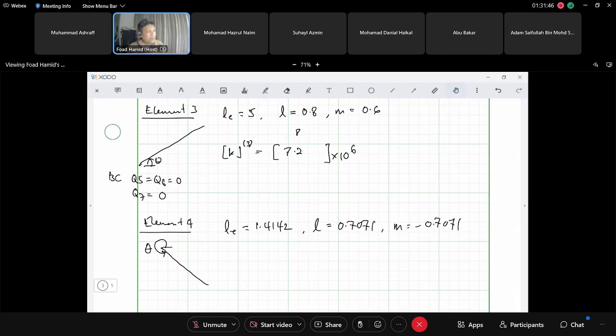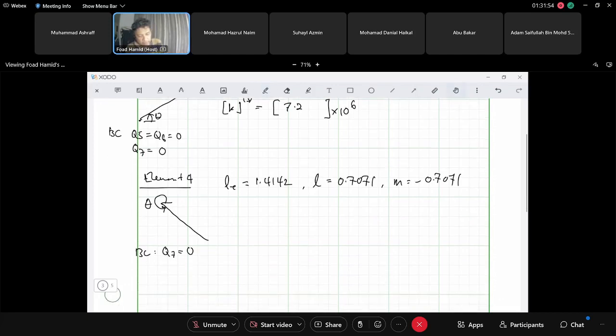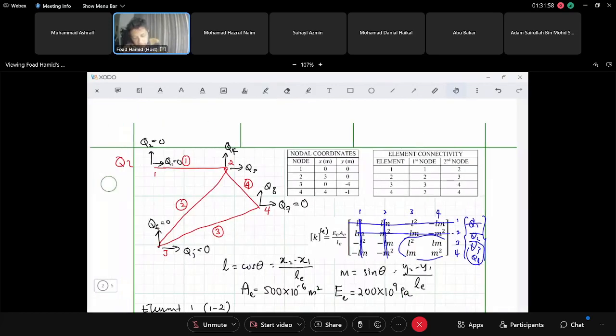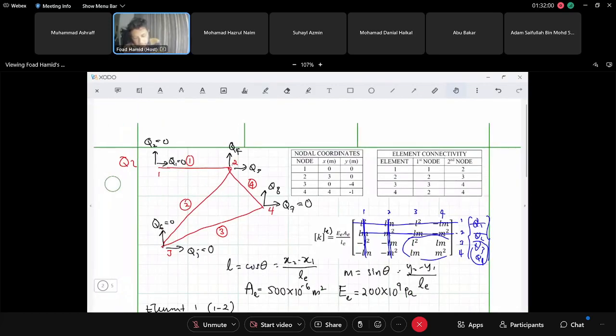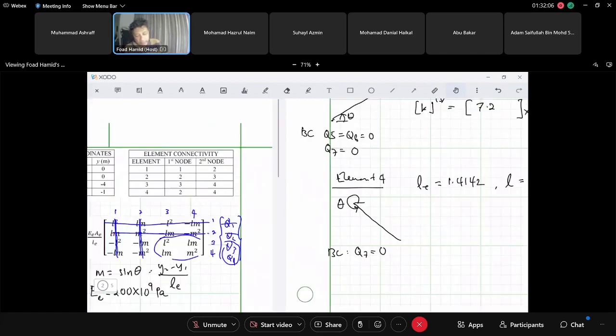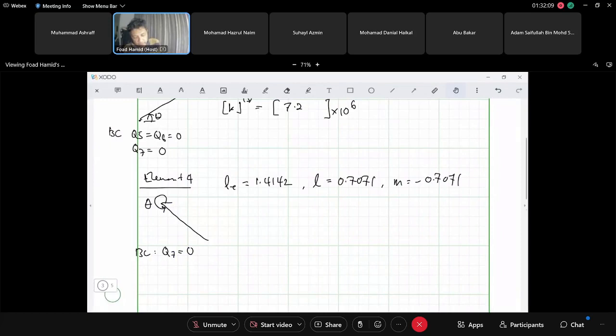What are the boundary conditions here? Only Q7 is 0, because Q3 and Q4 are non-zero. So we have 3 unknowns, and our matrix is going to be a 3 by 3.